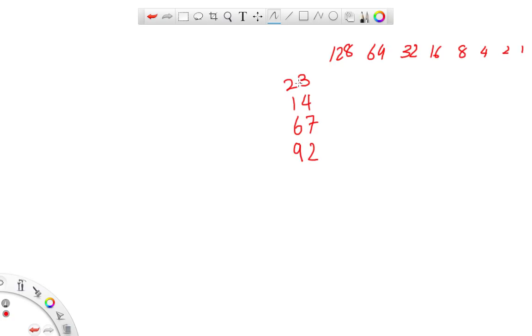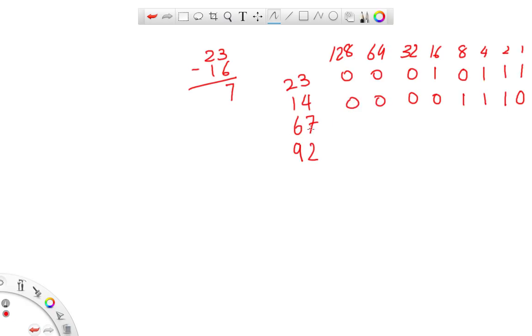So in this case, 23, you could do 23 minus 16, which is 7. So you could have 1 of 16. You can't have an 8, so you put a 0 here. 4, 5, 6, 7. And all the rest will be zeros. All right, so this is 23. And then you have 14. So you have 8, 9, 10, 11, 12, 13, 14. And all the rest zeros.